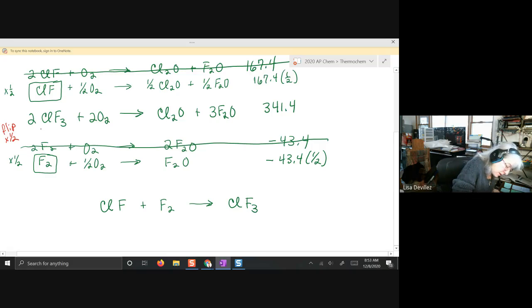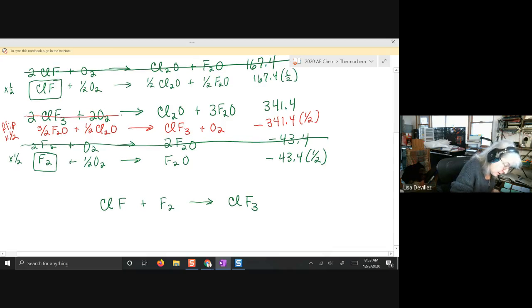That'll give me 3/2 F2O + 1/2 Cl2O → ClF3 + O2, and that's gonna give me a minus for the flipping, and then times 1/2. So let's mark through that. Okay, so the ClF3, that's where that needs to be.